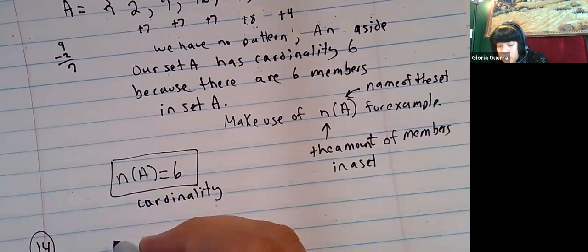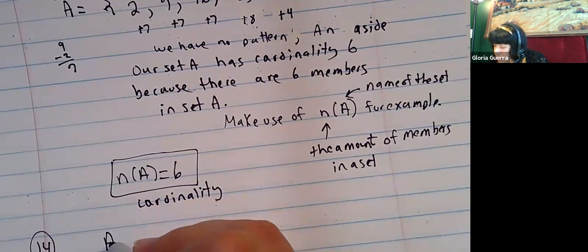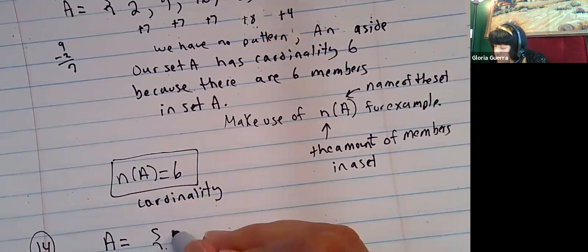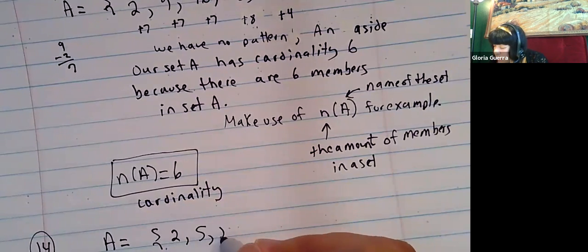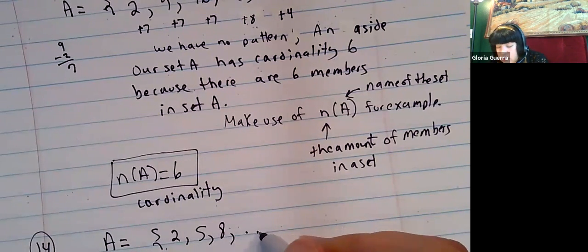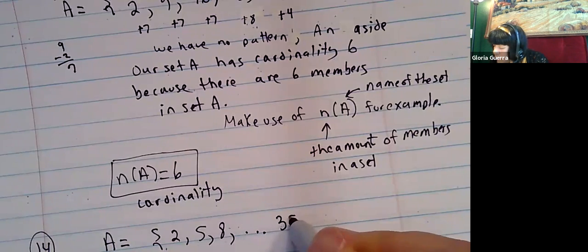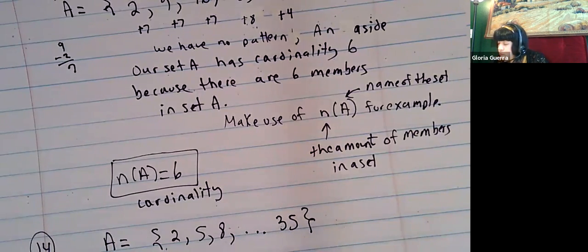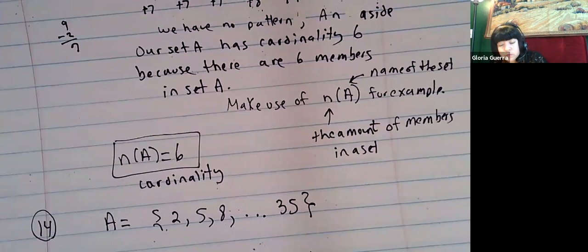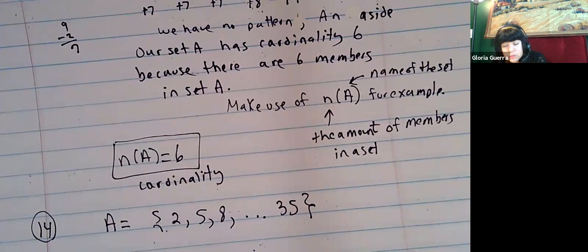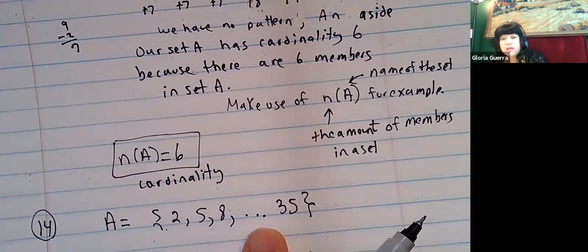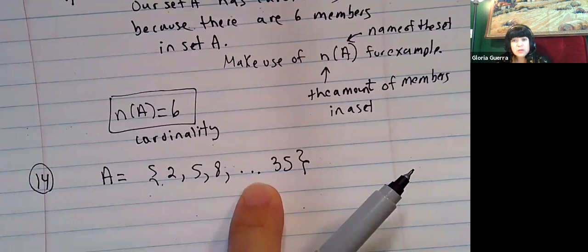Number 14, find the cardinal number for the given set. So A is equal to 2, 5, 8, dot, dot, dot, and then 35. Okay, so it looks like this one would have to have a pattern. Because see, it's got those ellipses, dot, dot, dot.